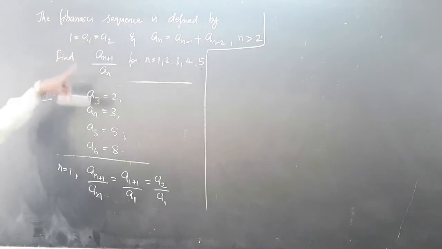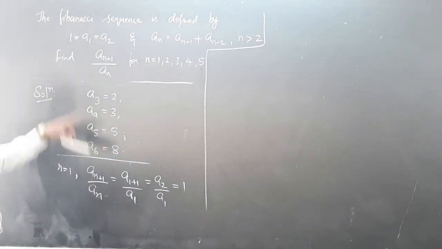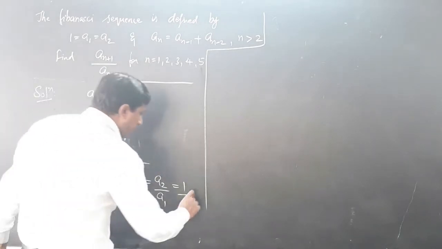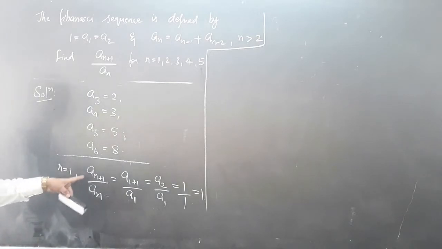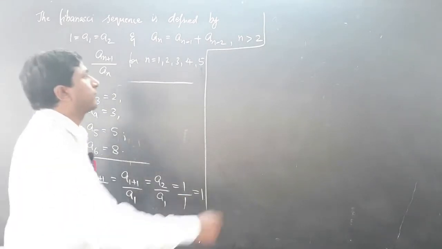A2 is 1 and A1 is also 1. 1 by 1 is 1. So when n equals 1, AN plus 1 by AN value is 1.